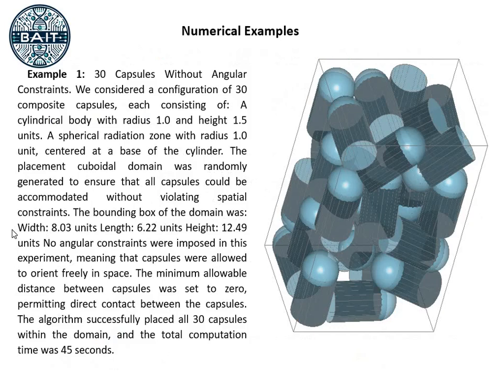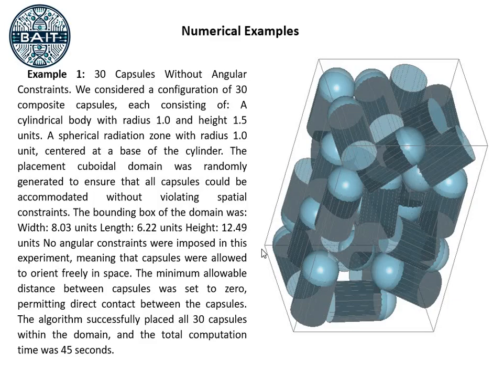To evaluate the performance and behavior of the proposed capsule placement algorithm, we conducted a series of computational experiments with varying numbers of capsules, minimum allowed distances, and angular constraints. These experiments aim to illustrate how geometric and dosimetric parameters influence the final configuration and feasibility of directional brachytherapy plans.